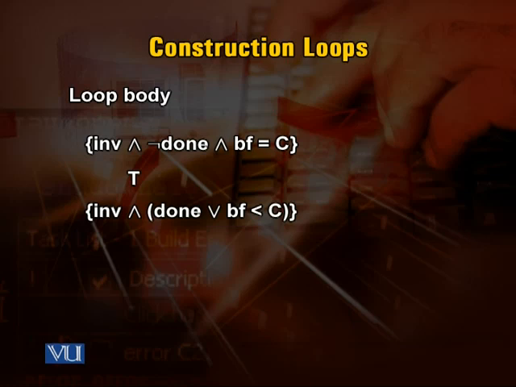Number one, either done is true, that means now we come out of the loop, or the loop body must ensure that the bound function, whose initial value was c, after execution of this set of statements, has a value less than c. So that means the value of the bound function is decremented after each iteration.